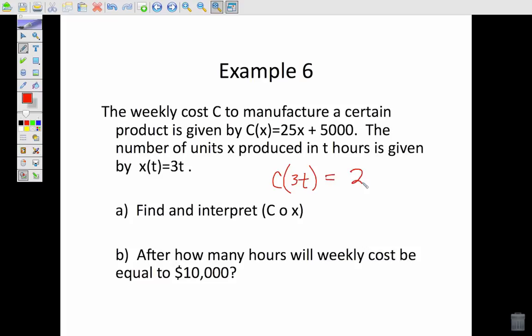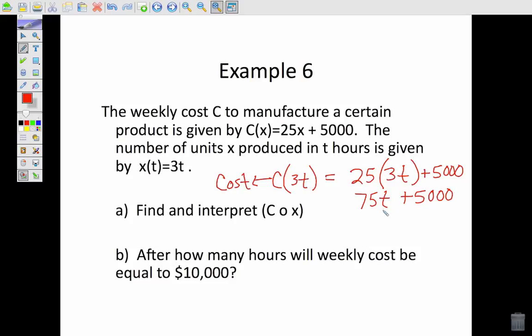So this is asking to do C of 3t. C of 3t would equal 25, put in 3t, plus 5,000. So this is 75t plus 5,000.